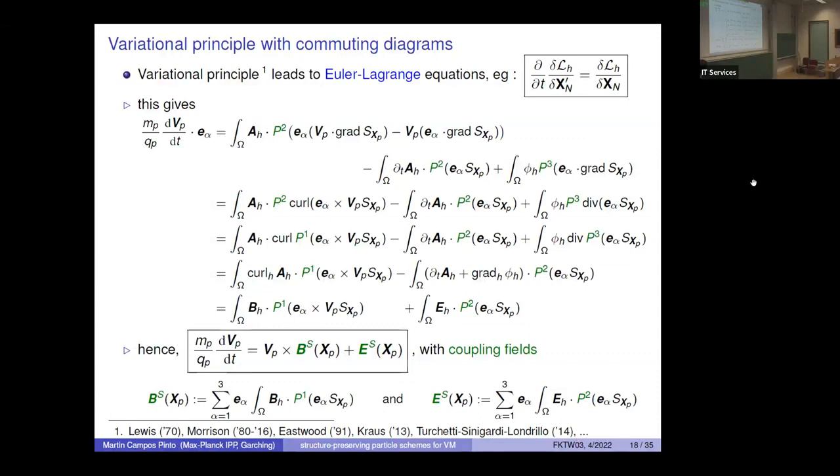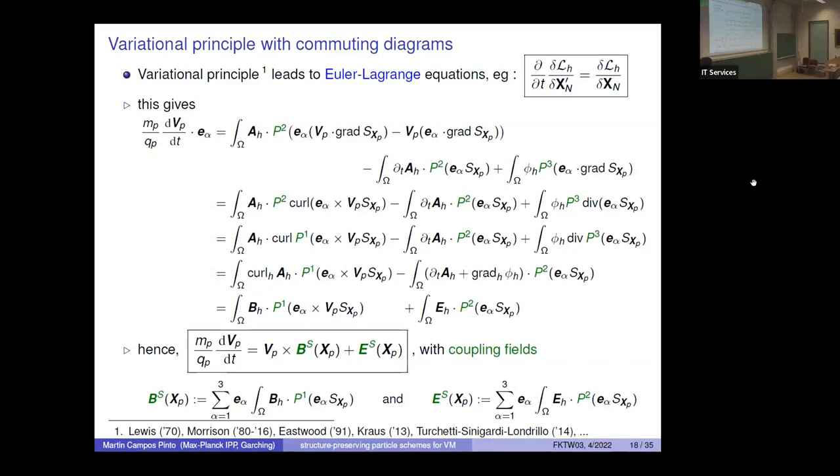So this is essentially the V cross B term with the projection here, and this you can think of as a Dirac mass centered at the particle position. And here you have essentially the electric field evaluated at the particle position, modulo the smoothing properties of the shape function. If you see this as an L2 projection and this as a Dirac mass, this is just the evaluation of the electric field at the particle position, and this is just the evaluation of the magnetic Lorentz force at the particle position.